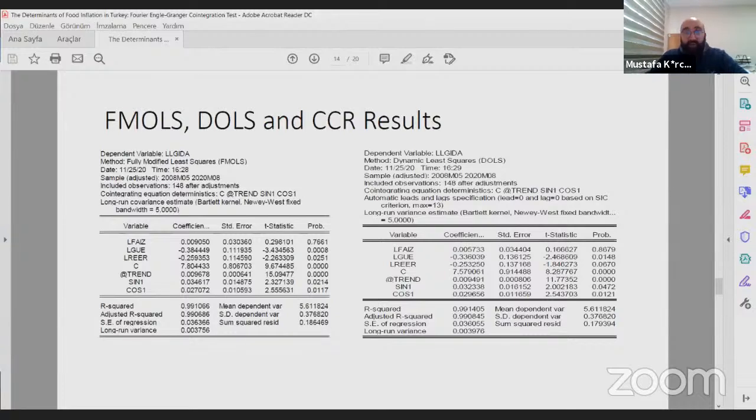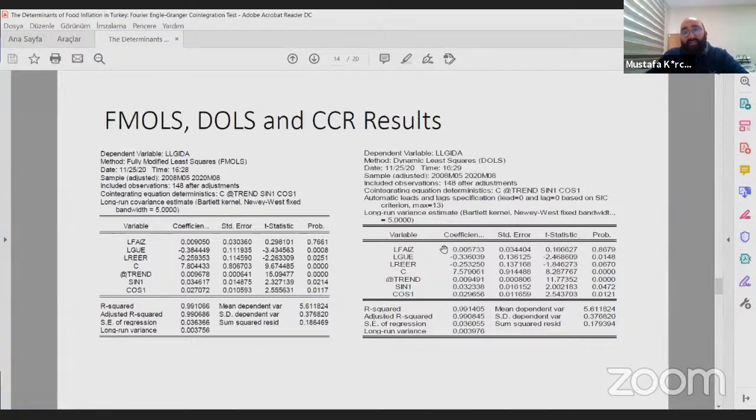About the FMOLS results, if the food production index increases by 1%, the food prices, you see, decrease by 0.38. When the Turkish lira real exchange rate increases by 1%, the food prices decrease, you can see, by 0.25. But unfortunately, the interest rate is not significant.